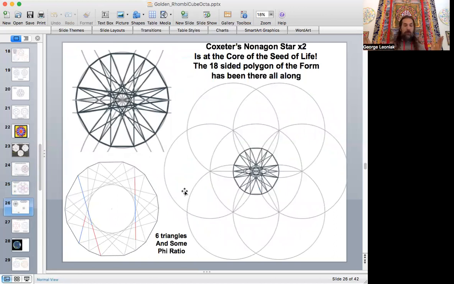Now, you might be like, well, great, Sam's getting a little out there. How does this relate to some of the hand-drawn techniques that we're more familiar with? Well, this star is at the center of the seed of life. Both stars, the 18 points, are at the core of the seed of life, six circles around this one big one.